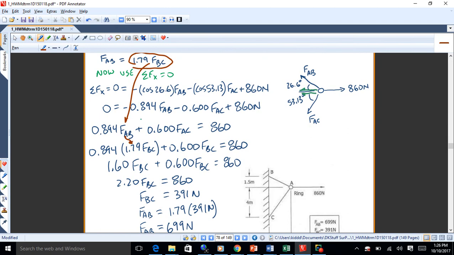So that'll get me one equation with FBC that I can solve, and it's 391. And then I can plug in 391 in for FBC and multiply by 1.79, and I'll get FAB as 699.